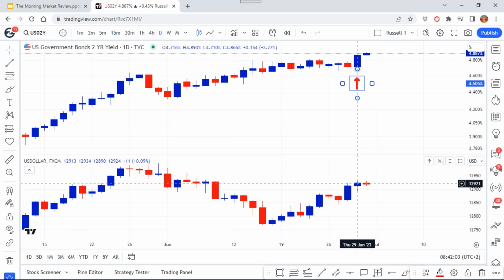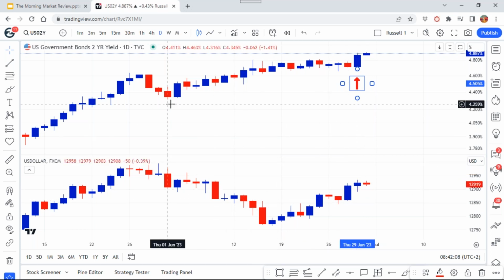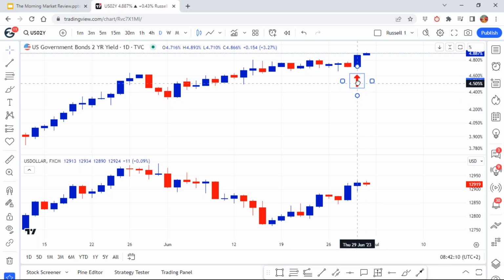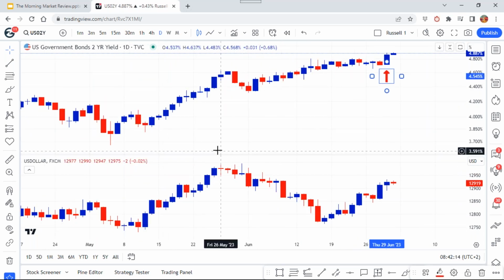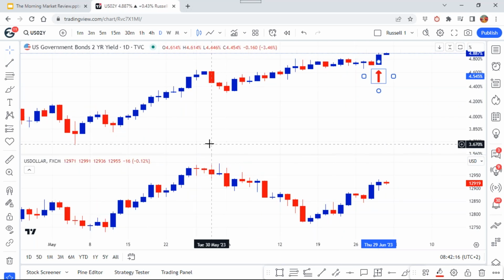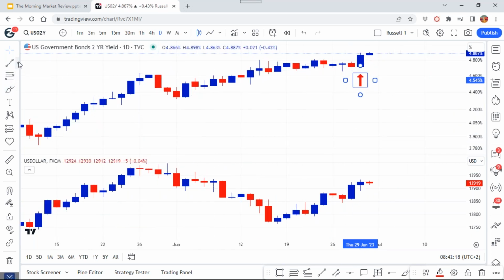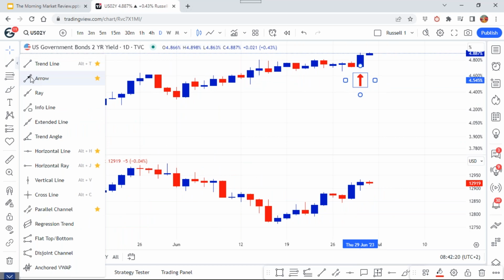So you can see here's the yields pushing higher, and the dollar has been moving strongly over the last few days. I think it's interesting just to keep an eye on the correlation between the 2-year yield and the US dollar itself. By and large, it has been positively correlated, but a divergence has emerged.